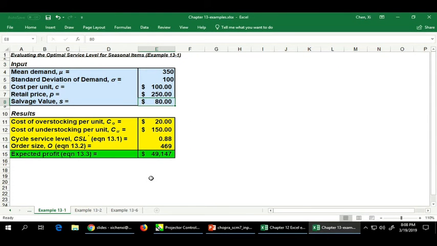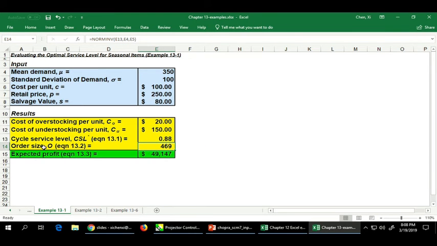So there's also an Excel sheet for chapter 13. So in the first example, we are calculating the optimal service level, which is just the critical fractile, right?